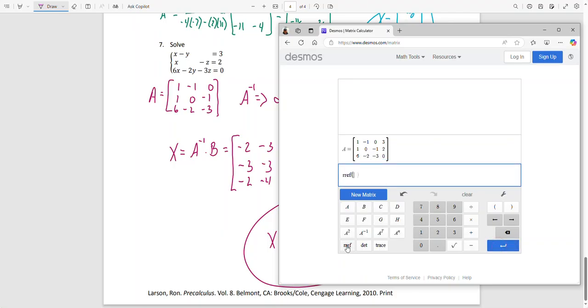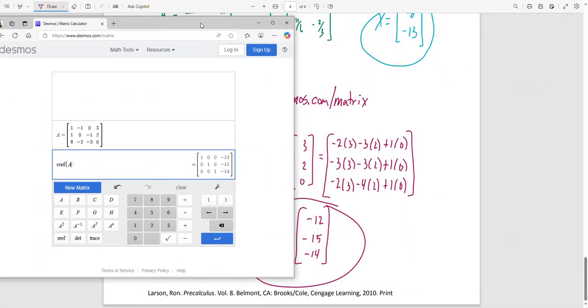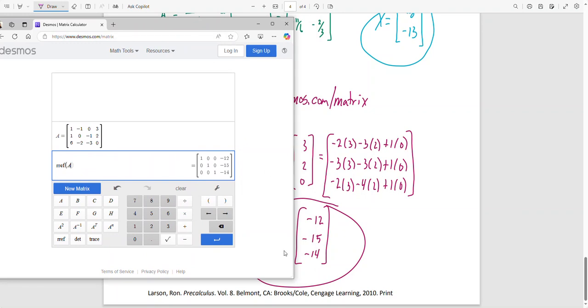And then we could do this RREF A, and it's going to give me the answers -12, -15, -14. So RREF, reduced row echelon form. It'll do all that Gauss-Jordan stuff for you. Yeah, it will. I didn't tell you.